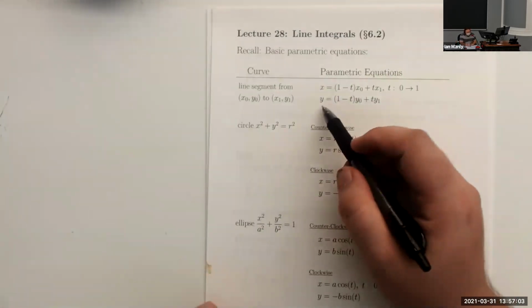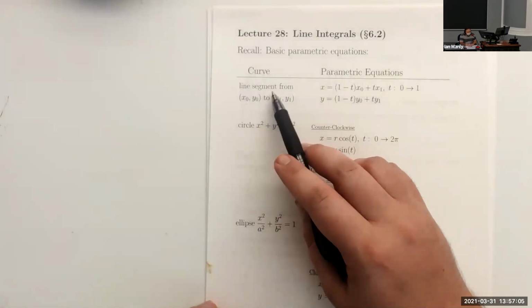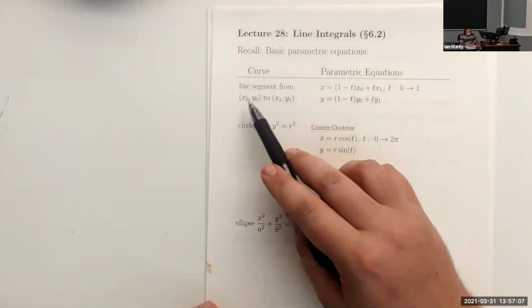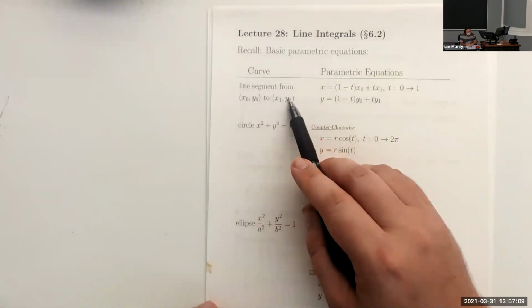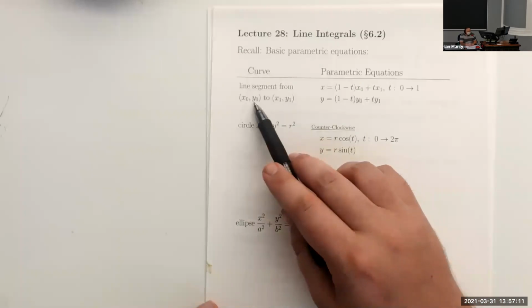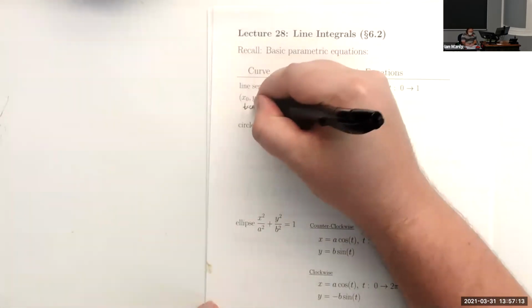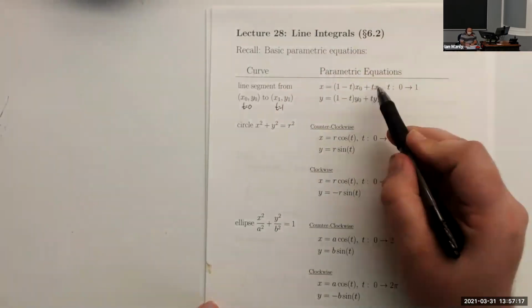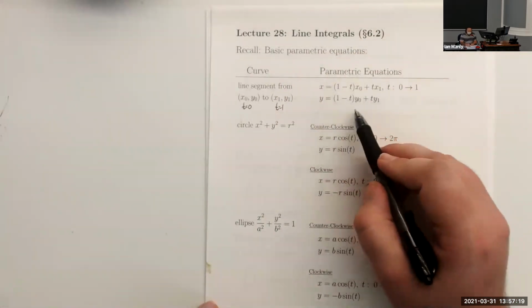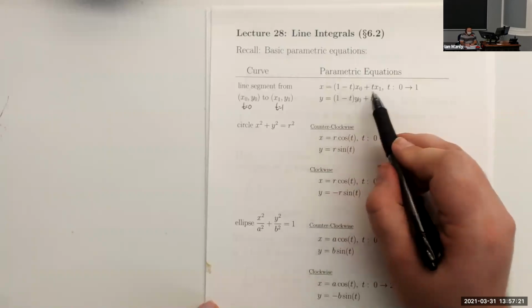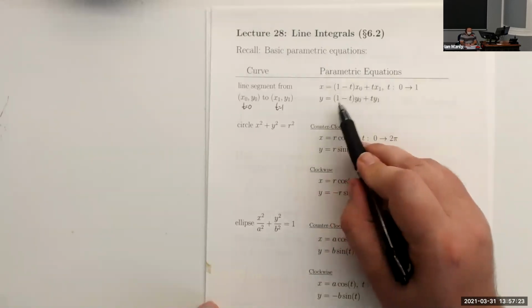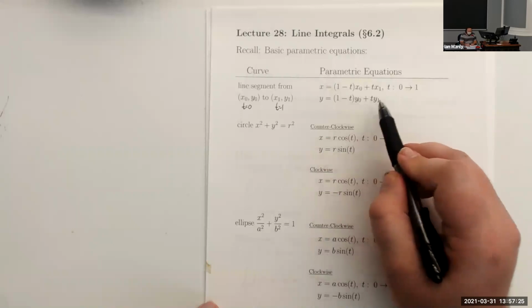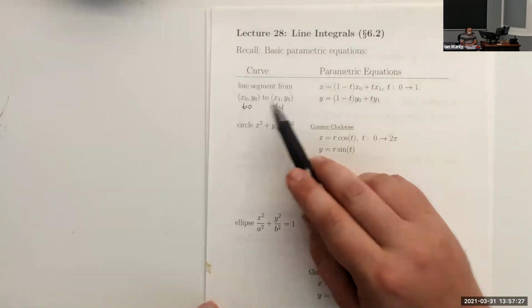The first thing here is if you want to have a line segment from x0, y0 to x1, y1, where you'll be at this point at t equals 0, and you'll be at this point at t equals 1, it's going to follow these parametric equations right here. x is (1 minus t) x0 plus t x1, and y is (1 minus t) y0 plus t times y1. And you can see why this would be true.